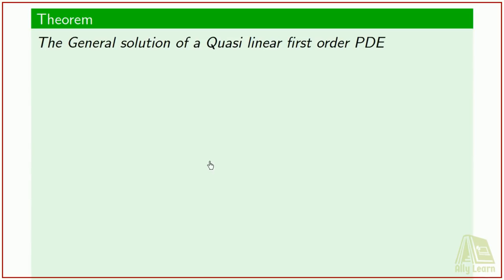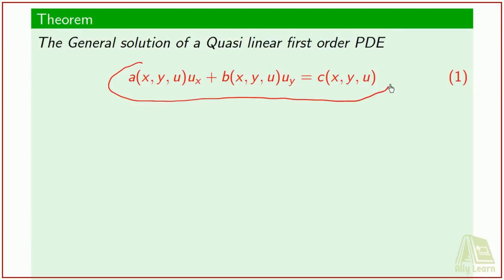Now friends, this theorem gives us the Lagrange's method for calculating the general solution of quasi-linear first order PDE. So the solution of a quasi-linear first order PDE, which is of this form. This was the basic form of the quasi-linear first order PDE.